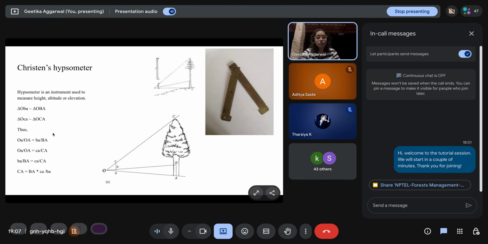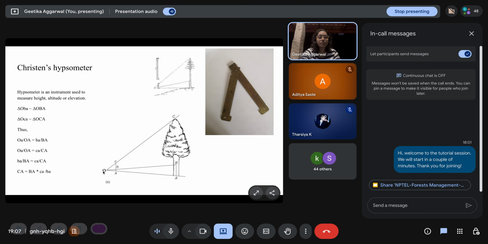Now, as before, you basically use the proportionality of the sides. Here you see small Oa divided by capital OA is equal to small ba divided by capital BA, because these two triangles are similar.